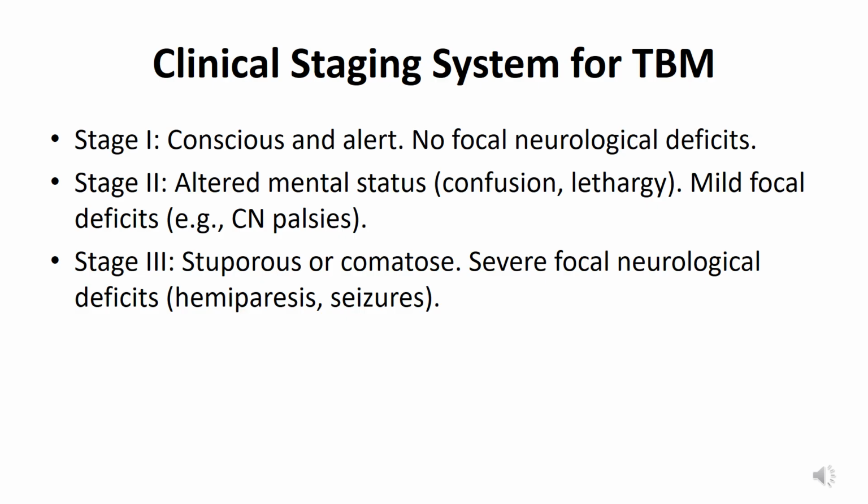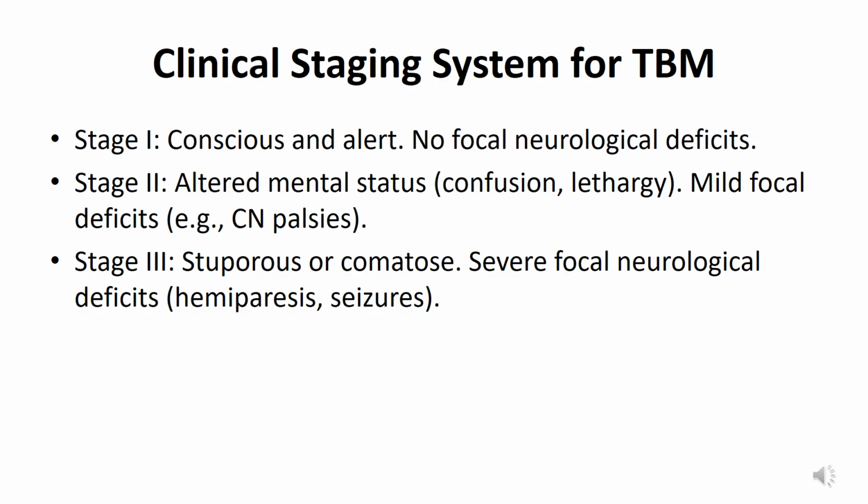As tuberculous meningitis progresses, inflammation within the central nervous system becomes more severe. This can affect consciousness, damage cranial nerves, impair brain function, and increase intracranial pressure. To monitor this progression, clinicians commonly classify patients into 3 stages.